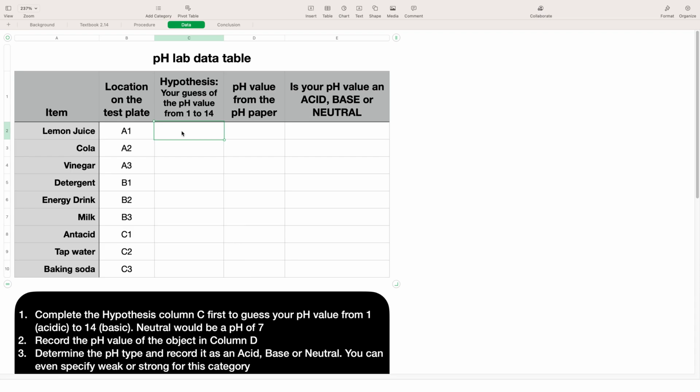If you think it's an acid, you're going to write down a number less than 7. Just your guess. These are my guesses; they're not necessarily right.